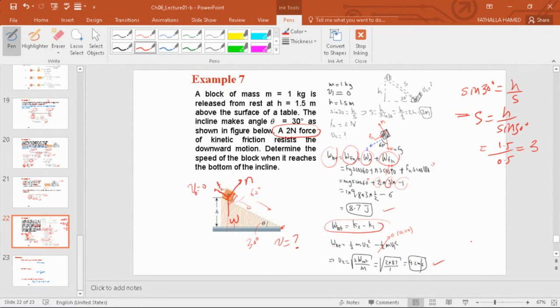So the idea here, the total work should equal the change in kinetic energy. And before that, we learned how to calculate the work done by a constant force. In all of these situations that we dealt with, your normal force is constant, your force of gravity is constant, and they tell you that the frictional force also is constant.